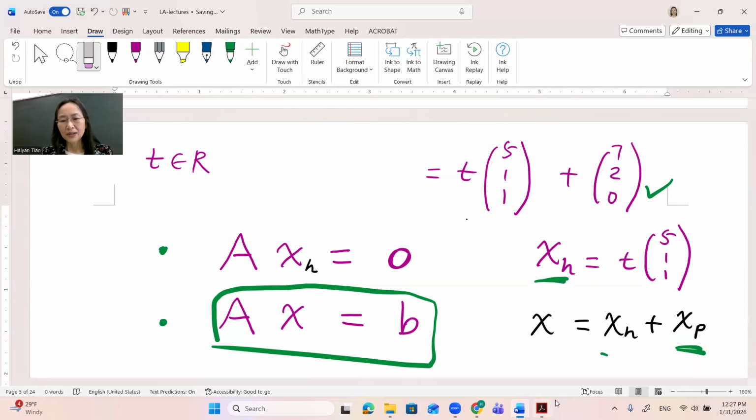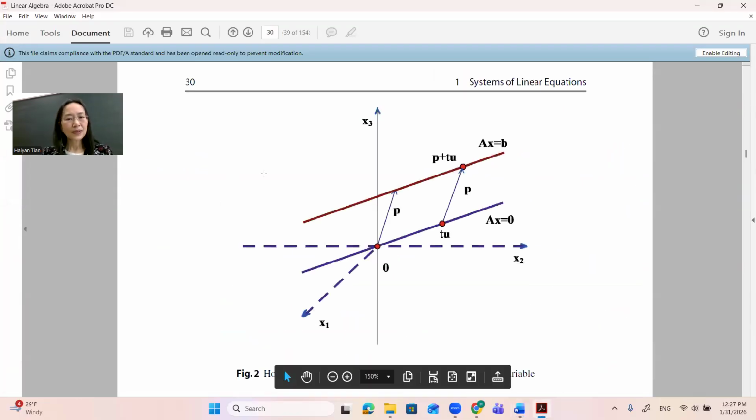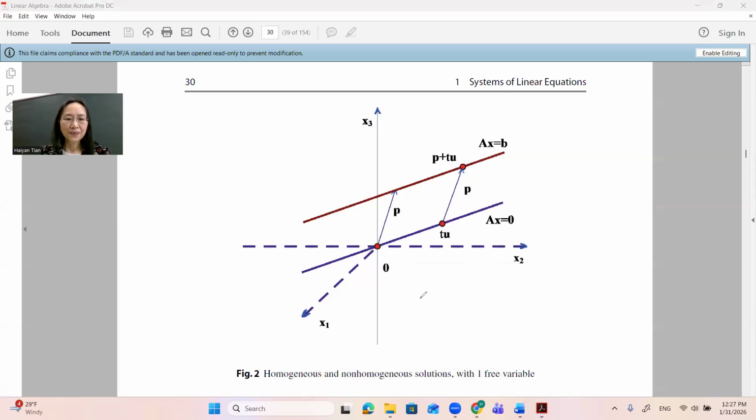So let's look at this concept. This U can mean the (5, 1, 1), for example. When you solve a homogeneous system, of course, we always have a trivial solution.